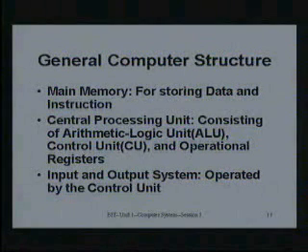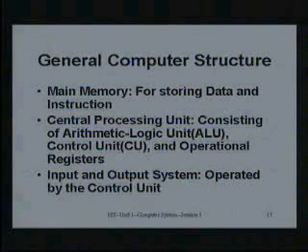The basic role played by the control unit is that it understands an instruction and supplies the requisite control signals to the arithmetic logic unit as well as to memory, so that the given set of instructions can be executed as per the steps I had given you in one of the previous slides.